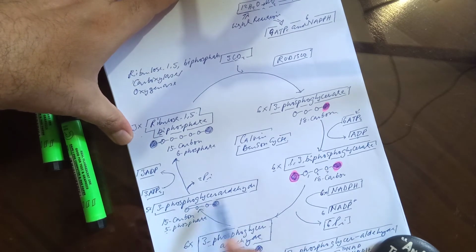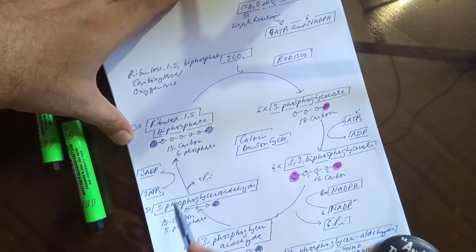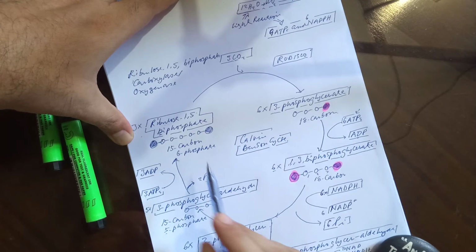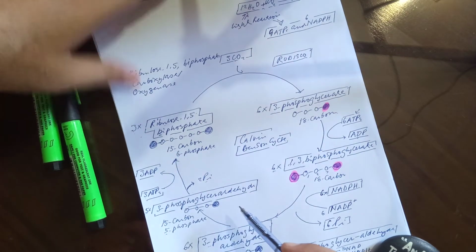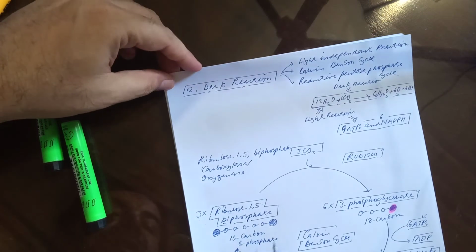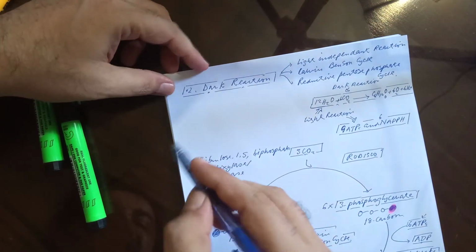And where 3-phosphoglyceraldehyde changes into ribulose 1,5 biphosphate, we also have to give the name to this part of the reaction. So we have classified 3 different steps in the Calvin Benson cycle.